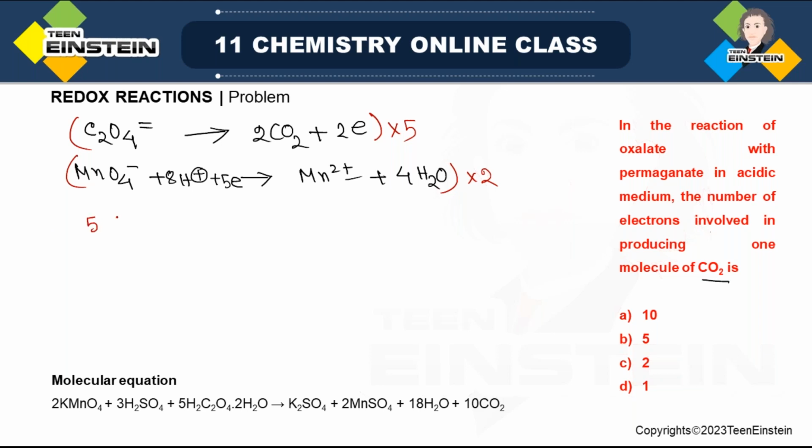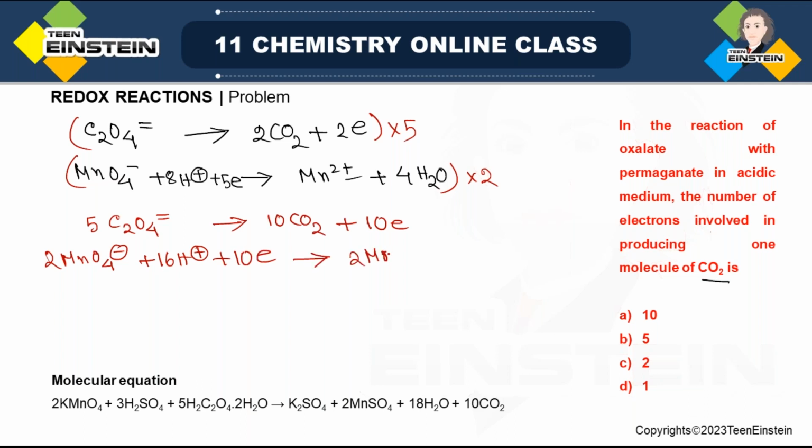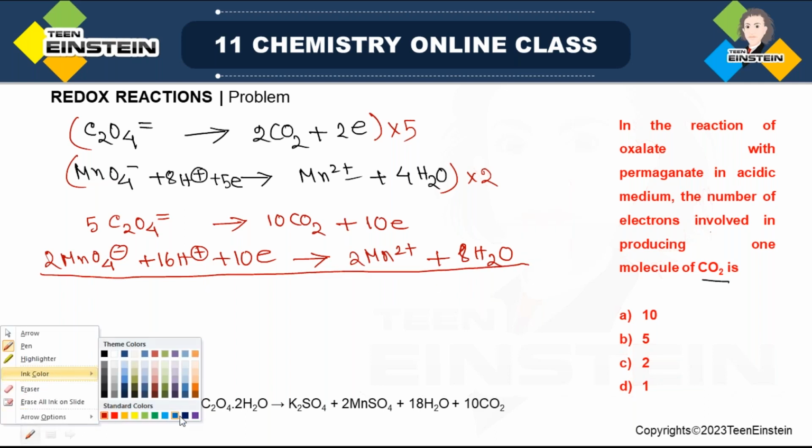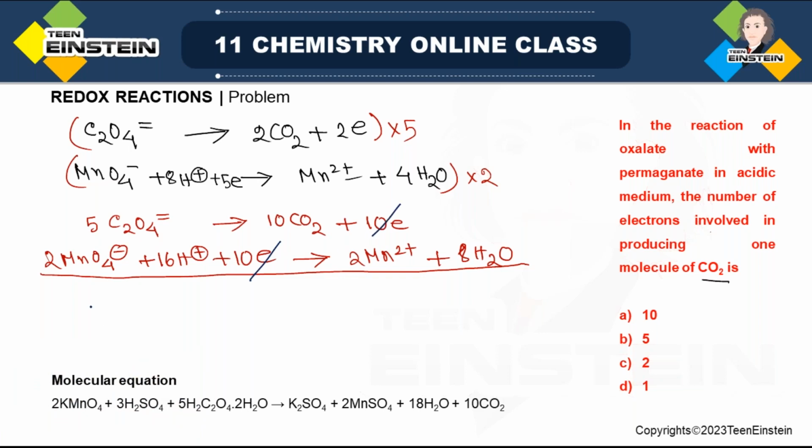Once you do so, it will be 5 C2O4 2 negative gives 10 CO2 plus 10 electrons. And the other equation, 2 MnO4 minus plus 16 H plus plus 10 electrons gives 2 Mn2 plus plus 8 H2O. Now in both equations there is an equal number of electrons, so these will be cancelled.